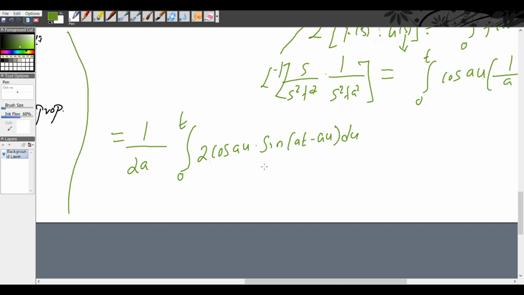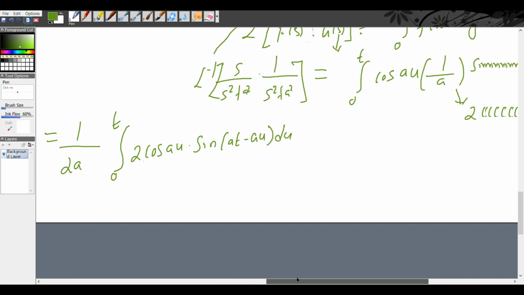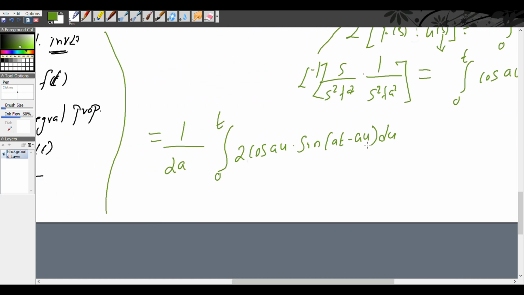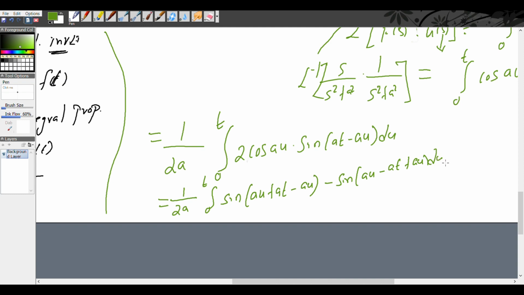Right, then I am going to apply this particular formula here. What will it give? That will give me 1 by 2a integration of 0 to t, sin au plus at minus au minus sin au minus at plus au into du.